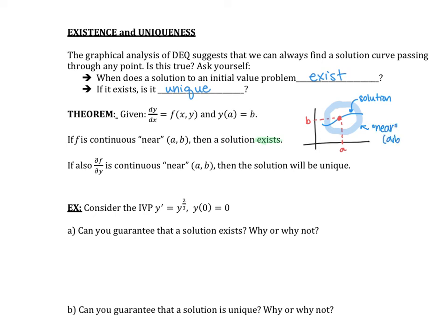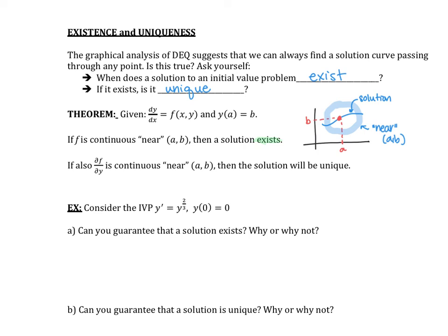(a, b). Now, the tricky part about this near (a, b) is it's really just an infinitesimally small amount away from (a, b). If you get outside of it very much, this solution may not exist at all. But if f is continuous near (a, b), then the solution exists. But if also the partial derivative with respect to y is continuous near (a, b), then we can say the solution will be unique.